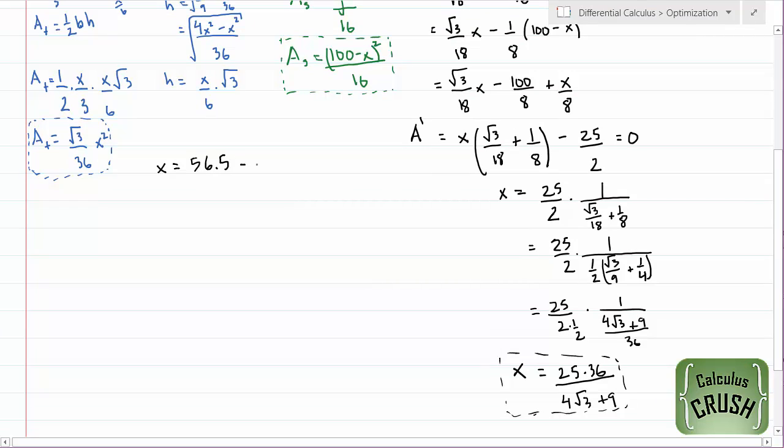So that's right. We're using 56.5 centimeters for the triangle. And that means y would be, what is that, 43.5 centimeters for the square.